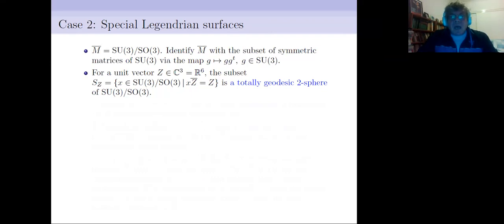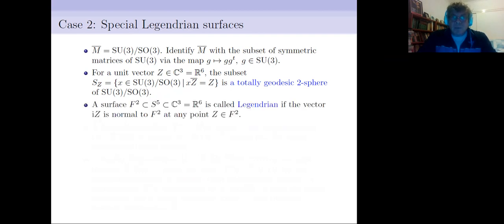But anyway, this construction is pretty much local and the result is local. So here we don't have to worry too much about this 2-to-1 map. And now we call a surface in the 5-dimensional sphere Legendrian if this vector iz is normal to our surface at any point z, right?